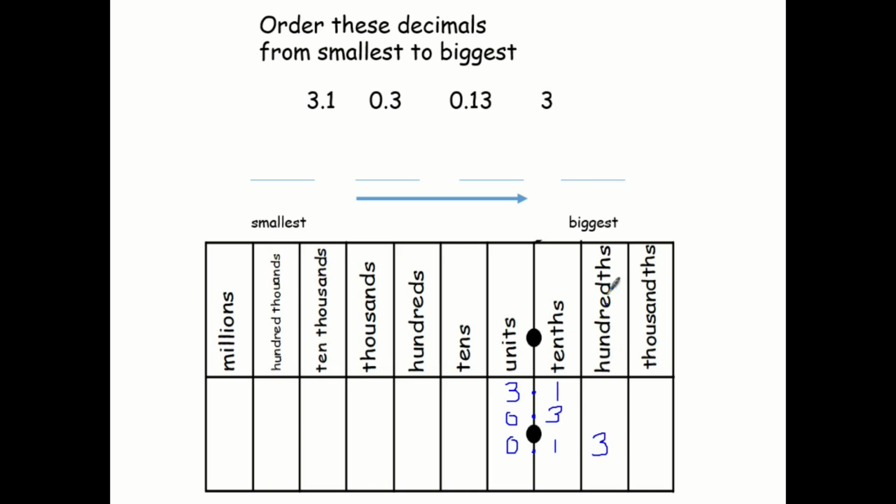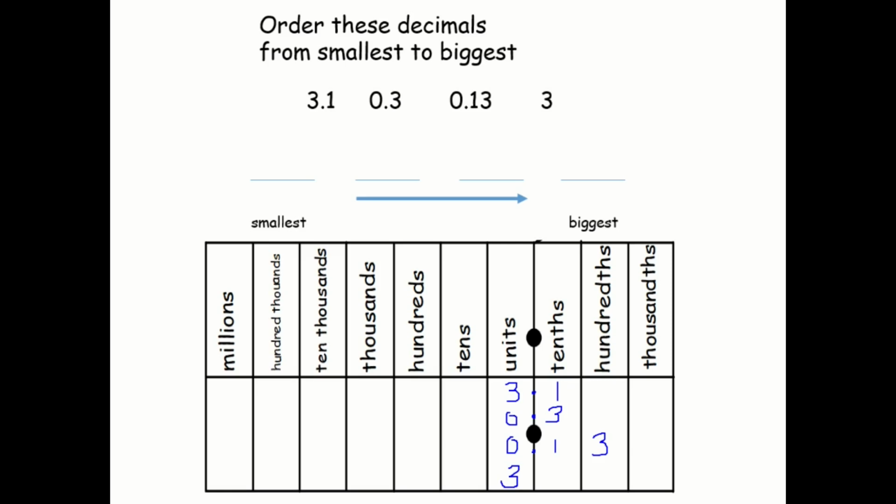Well, it's not got a decimal point visible, but of course it is there. We can just write it as 3.0. We could easily do that, but just for example purposes, I'm just going to take that away for a second, but that 3 is in the units column, okay, so that 3 is there.